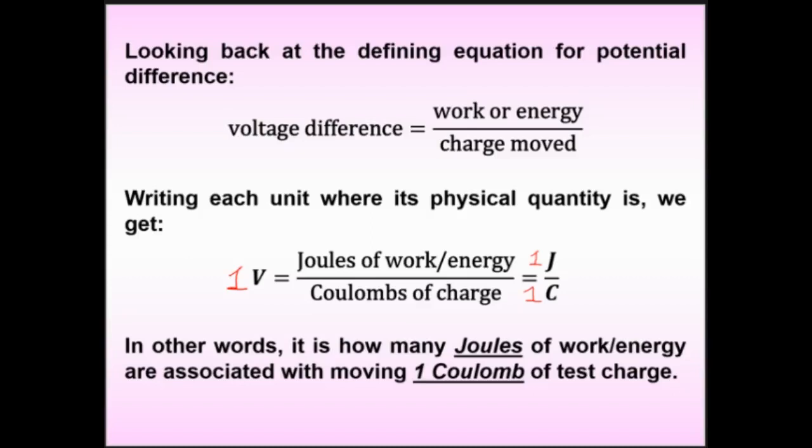This battery requires 6 joules of energy to drive enough electrons to make up 1 coulomb of charge. In other words, how many joules of energy you need to push 1 coulomb of charge.